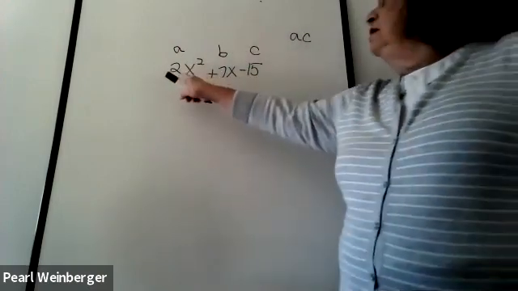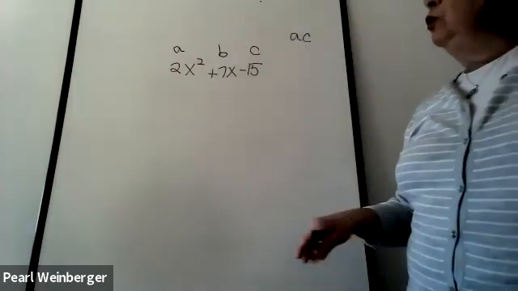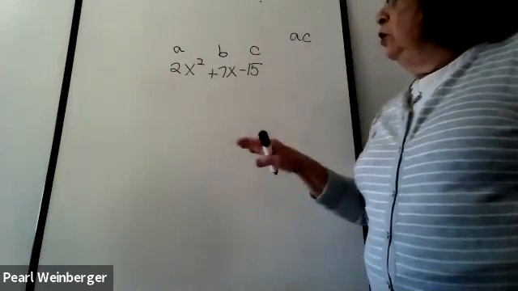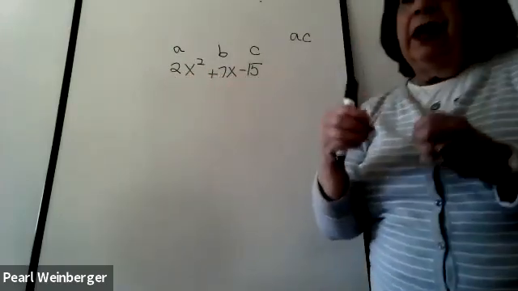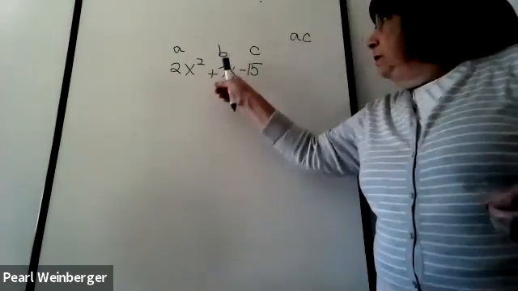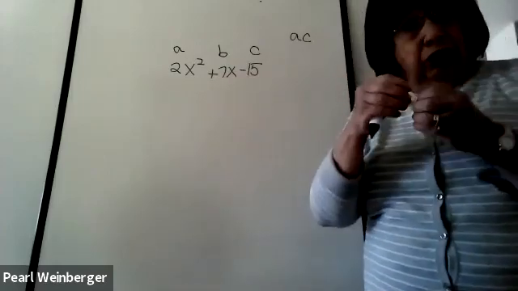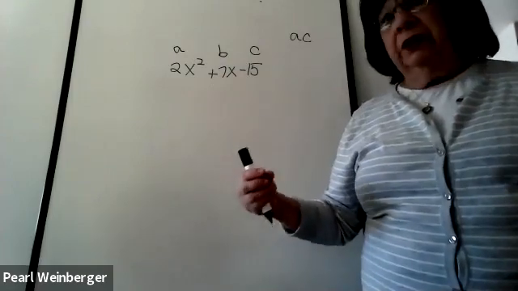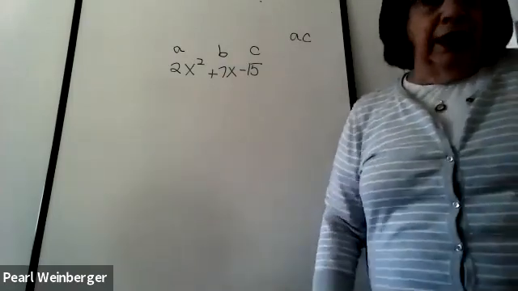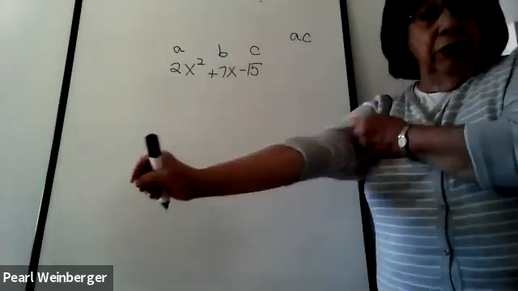So this method is sometimes called the AC method, because we're going to take this trinomial and break up the middle term into 2 pieces. So instead of 3 terms, we're going to have 4 terms. Remember, the first type of factoring we did was grouping, where we had 4 terms.